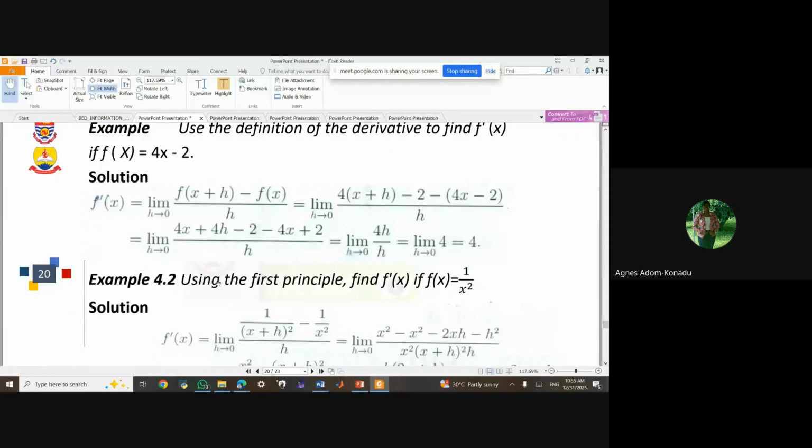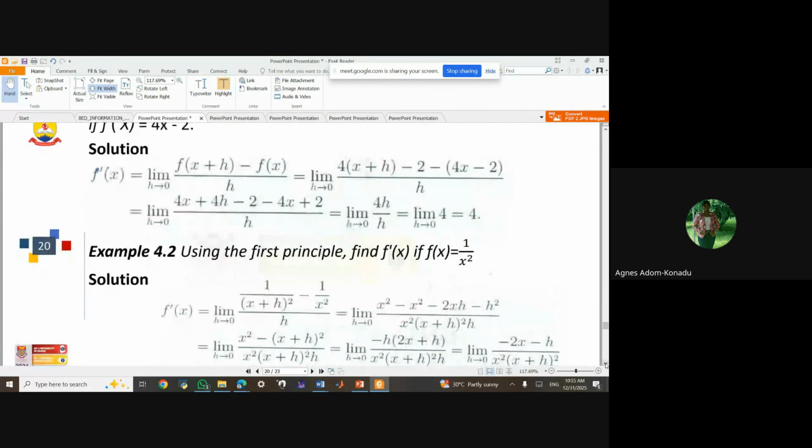There's another one here. We want to use the first principle, which is the same as the definition of derivative, to find f prime if f of x is equal to 1 over x squared. So here I have to find my f of x plus h. My f of x plus h will be 1 over x plus h all squared. So that's what I have here: 1 over x plus h all squared, minus my f of x, which is 1 over x squared, all divided by h.